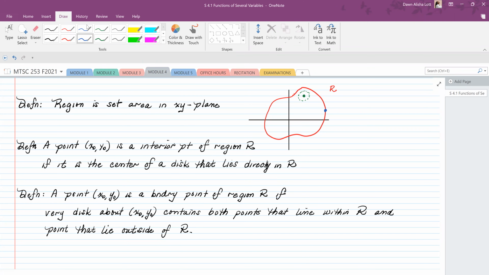And no matter how small the circle is I draw around it, I get points inside R and points outside of R. Okay.